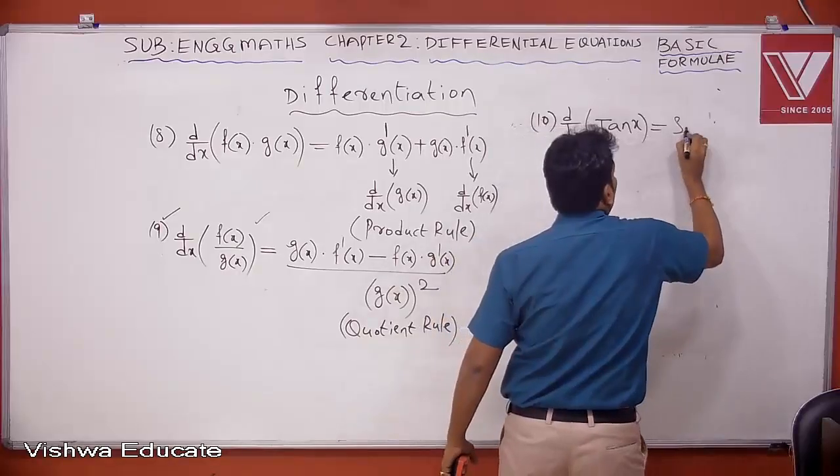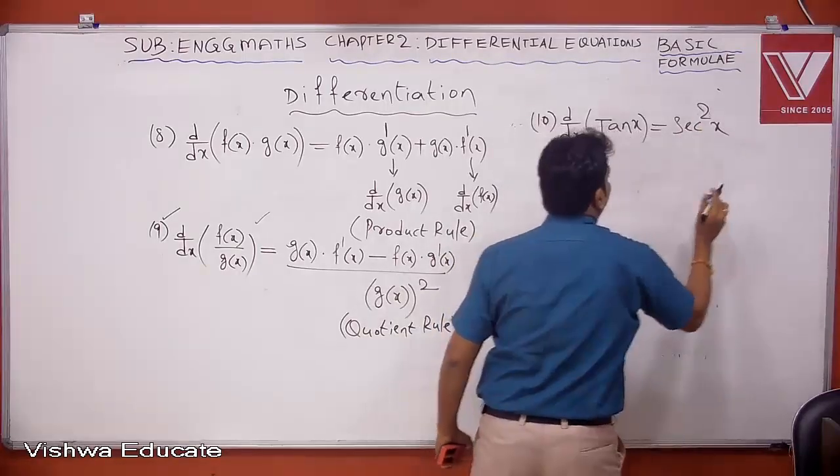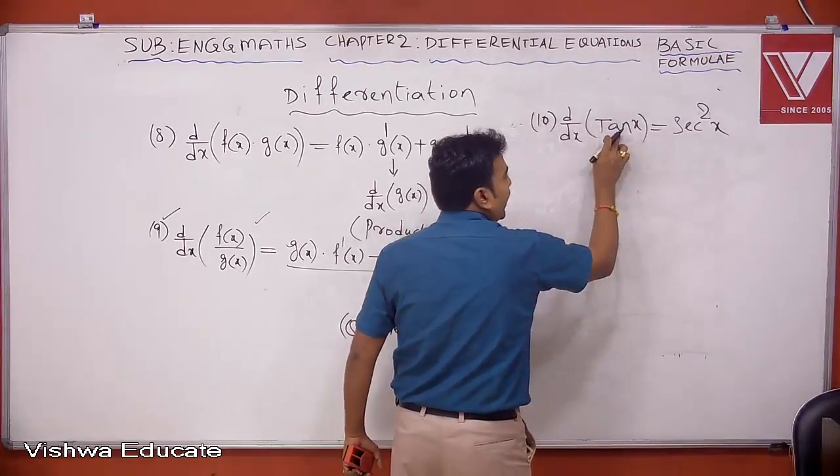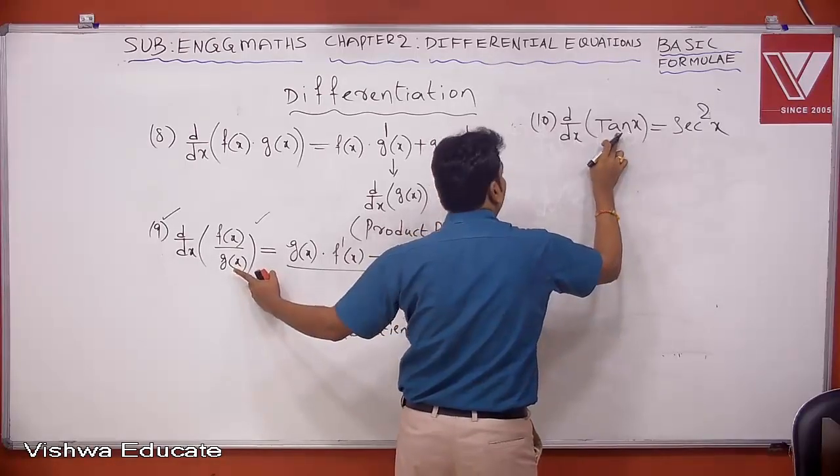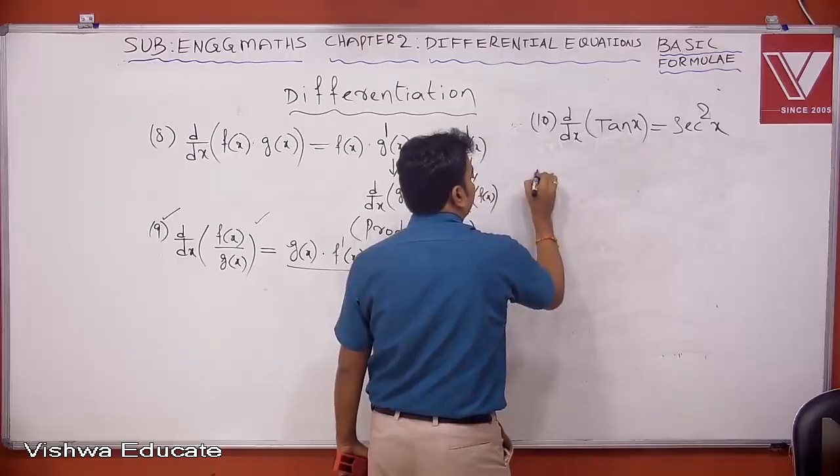The tan x derivative is secant square x, because tan can be written as sin x by cos x, and then applying formula number 9, the quotient rule, you get secant square x.